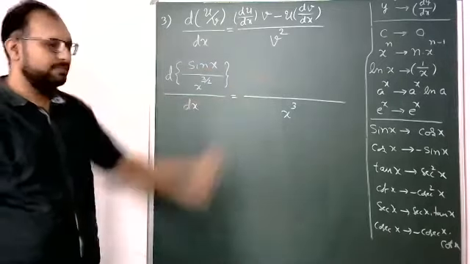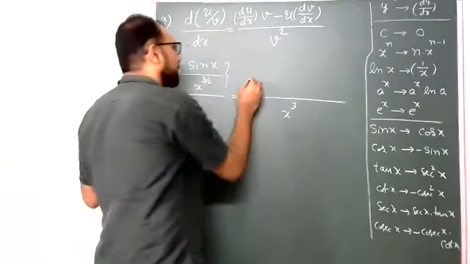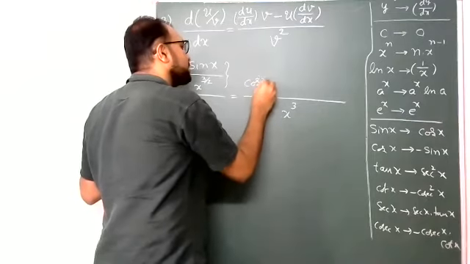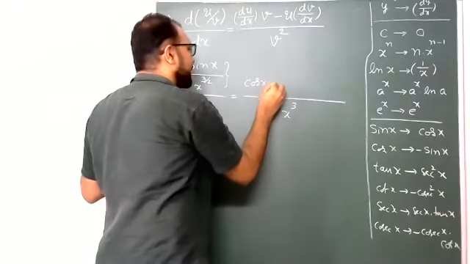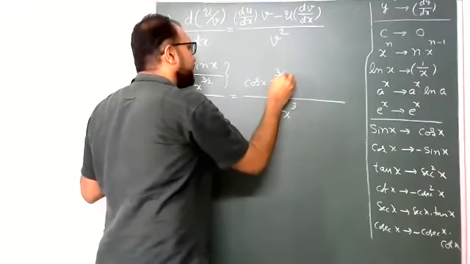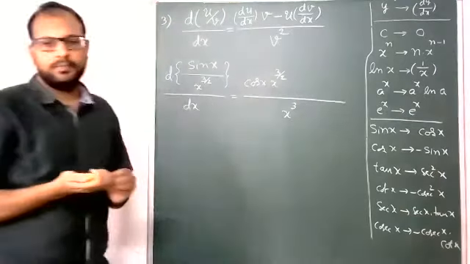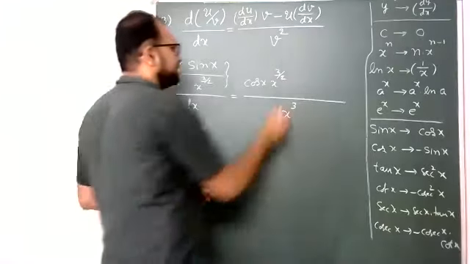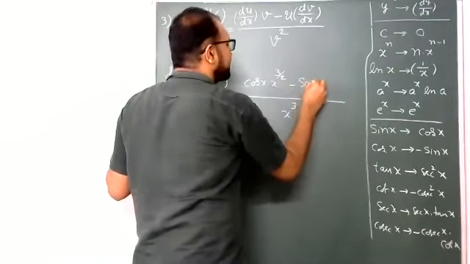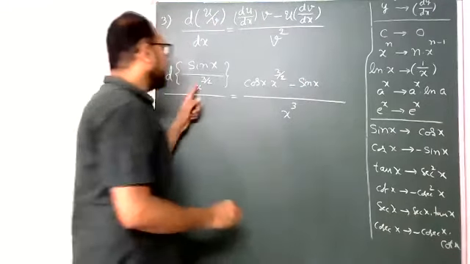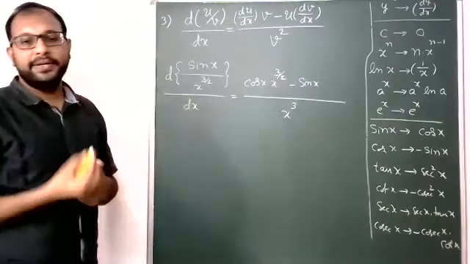Already known, cos x. Cos x into the denominator as it is, x to the power of 3 by 2. Next, minus the numerator as it is, sin x, into the derivative of the denominator.